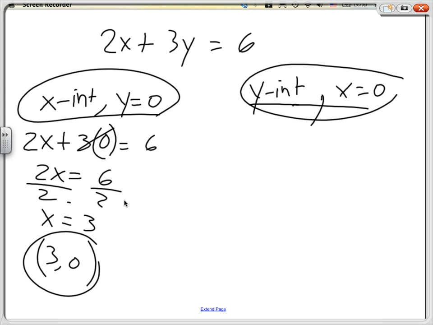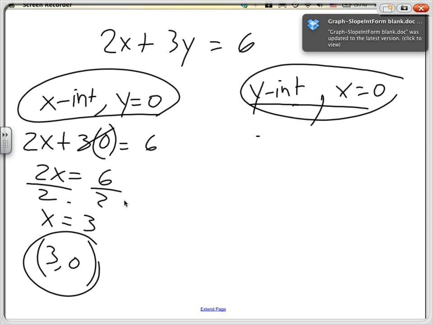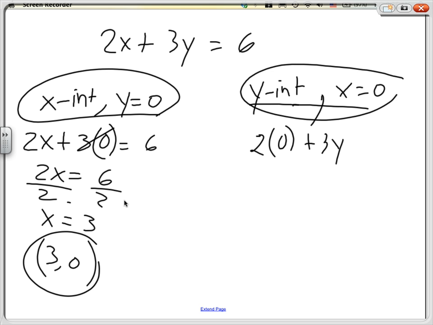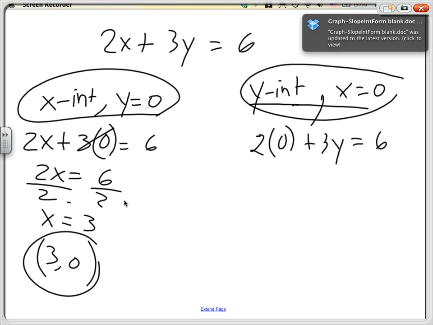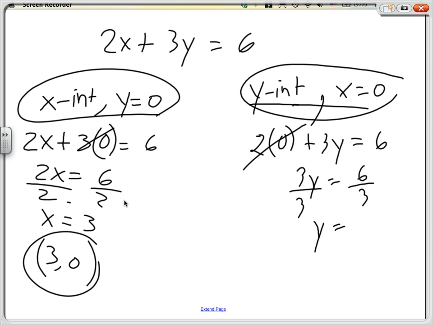Over here, same concept. Watch what happened. But this time, x is 0. So that means I replace the x with 0. Do you see it? And now this is gone. 3y equals 6, divided by 3 on both sides. y is 2. Let's put it together as a point. 0, 2. And guess what?